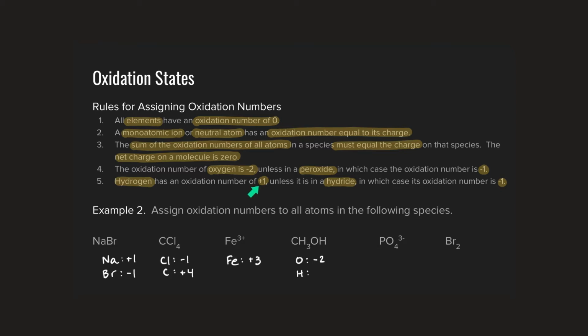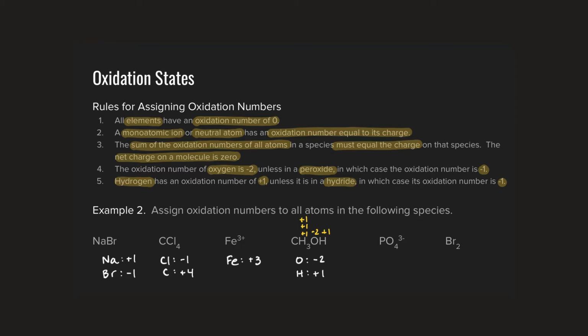So if I have 4 +1 hydrogens and 1 -2 oxygen, the current sum of those oxidation numbers is equal to +2, which implies, therefore, in order to fulfill rule number 3, that the sum of all the oxidation numbers on atoms in this species has to equal 0, because this is a molecular species with no net charge.